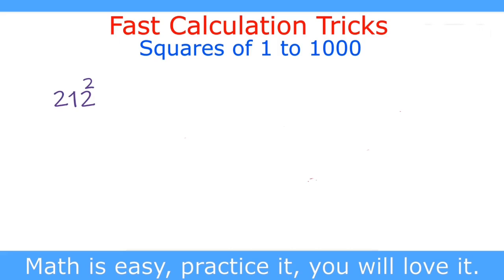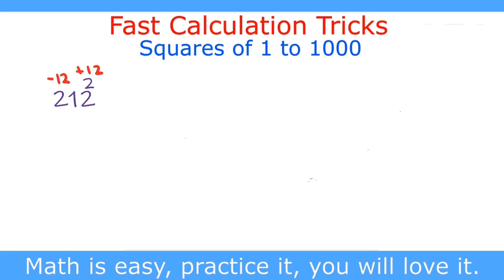212 square. 212 is close to 200. So we convert 212 into 200 by subtracting 12 from 212 and adding 12 to 212, and we proceed like this. We write minus 12 and also plus 12 for our reference.